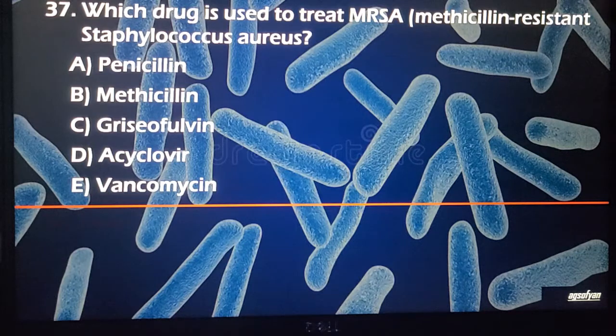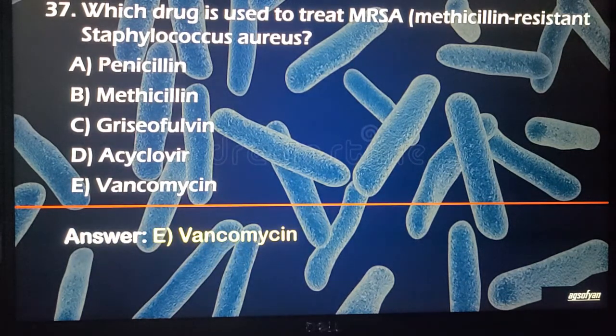Okay, number 37. Which drug is used to treat MRSA, methicillin-resistant Staphylococcus aureus? A. Penicillin, B. Methicillin, C. Griseofulvin, D. Acyclovir, or E. Vancomycin. Choose your answer.